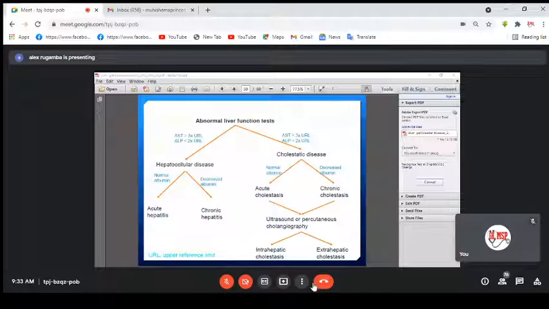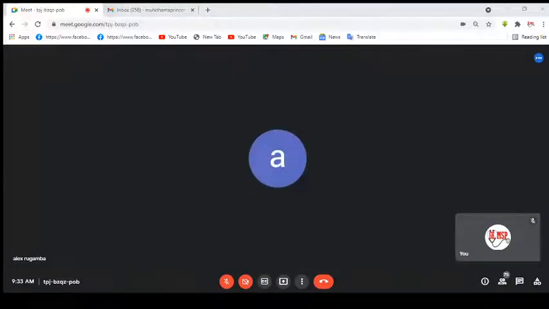Actually, they are aspartate aminotransferase and alanine aminotransferase. Okay. You understand? Yes, what does it mean to say greater than 3 times URL?